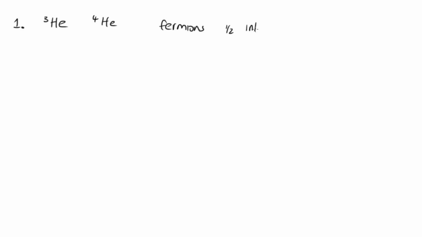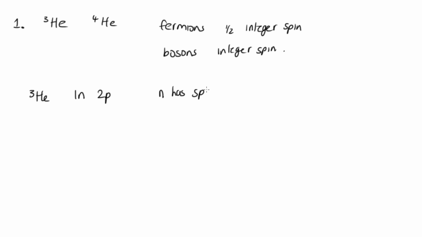So each of the neutrons and the protons has spin 1/2. So N has spin 1/2, P has spin 1/2. Now, when nuclei are filling, just the same as when atomic shells are filling, the spins tend to cancel each other out wherever possible.